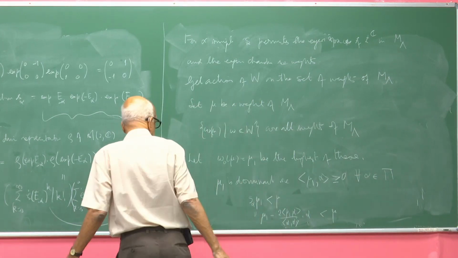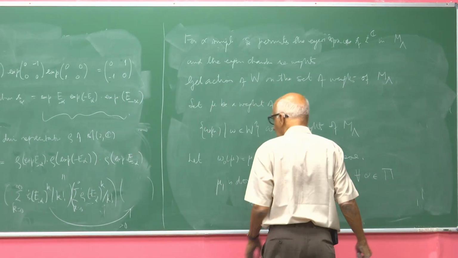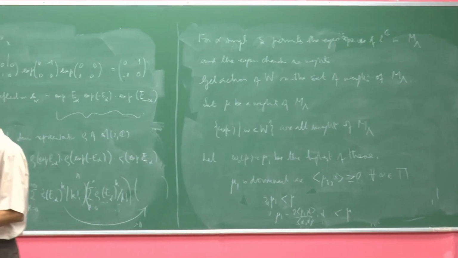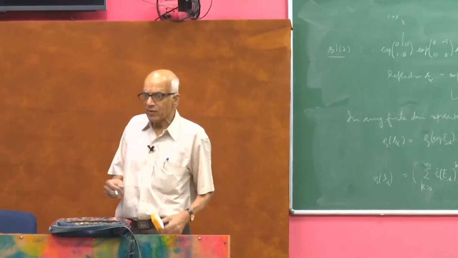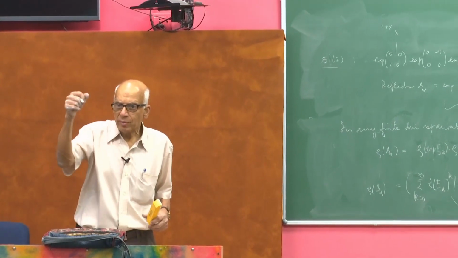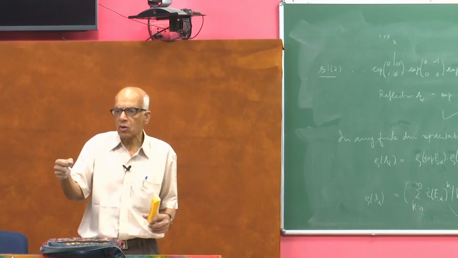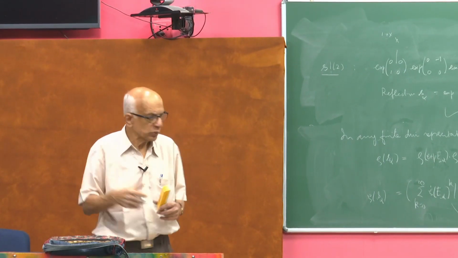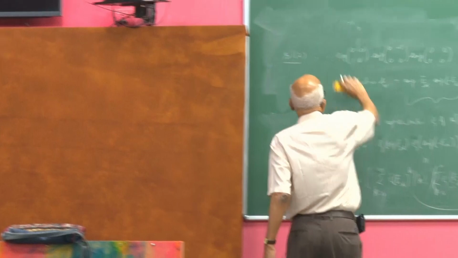So this mu 1 is dominant, and we know something else. In m lambda, every weight is of the form lambda minus some positive integral combination of simple roots. We know that. So what you find is this.